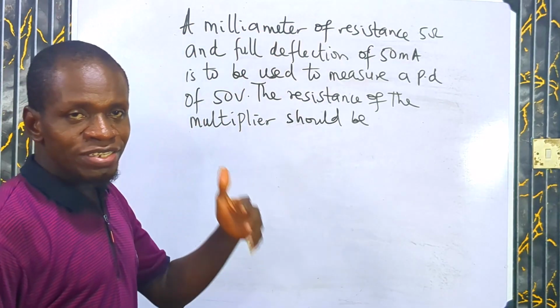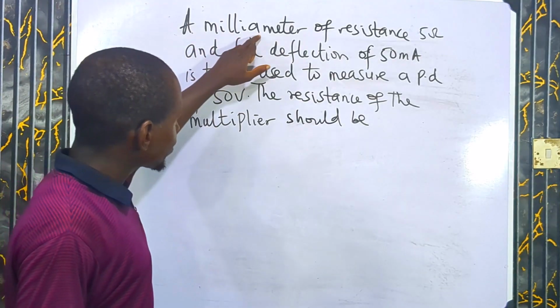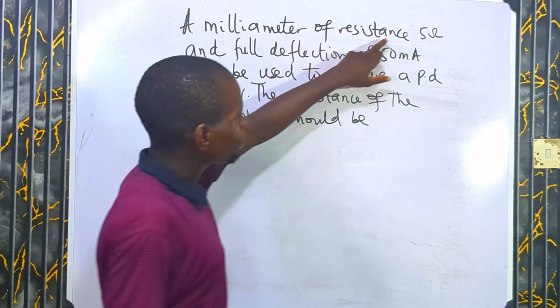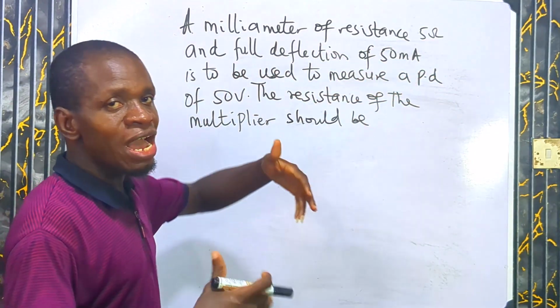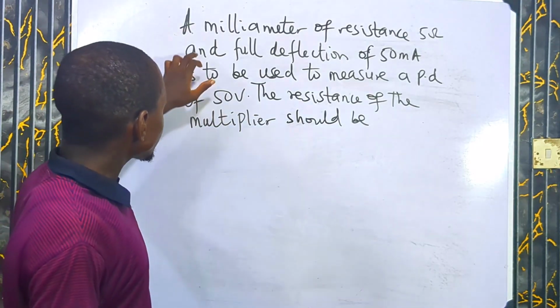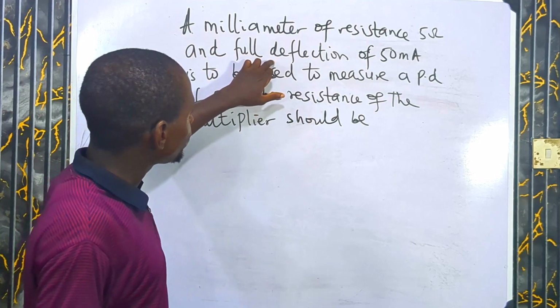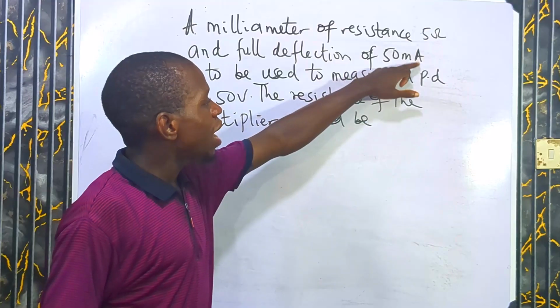That milliammeter is the same thing as a galvanometer. Now, a milliammeter of resistance 5 ohm. So the resistance of this galvanometer or milliammeter is 5 ohm. Let's continue. And full deflection of 50 milliampere.